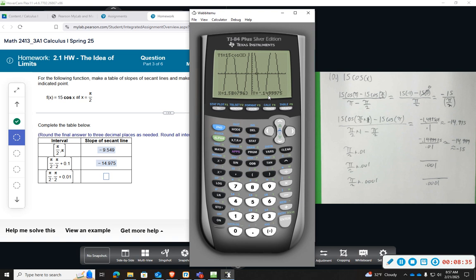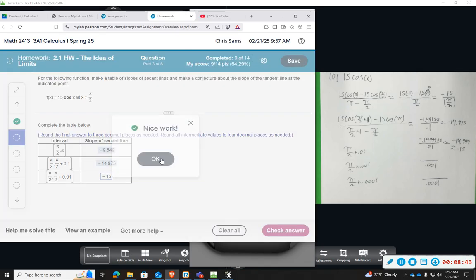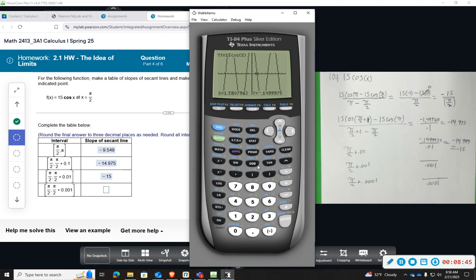My mouse seems to be kind of sticking. There we go. I'm going to do it again. This time we're going to do pi over 2. Hit trace.